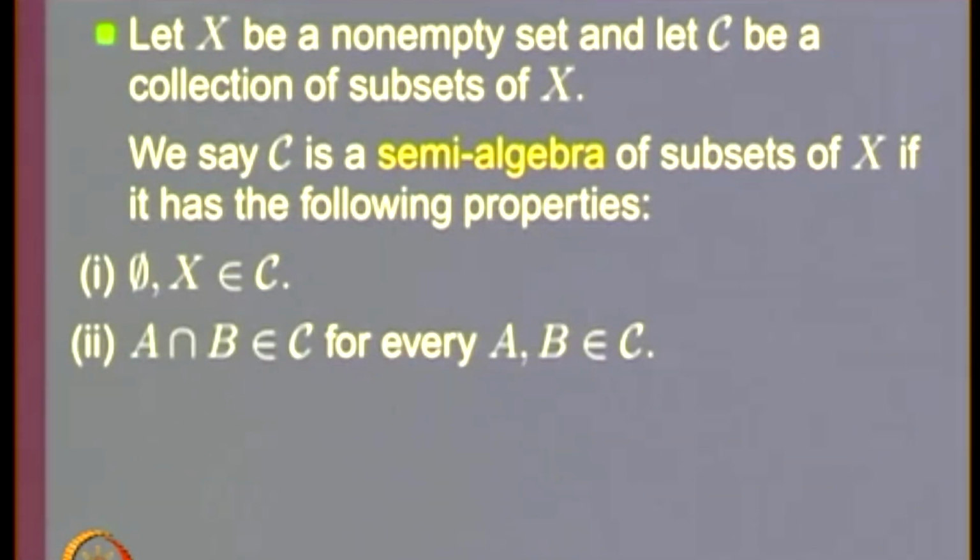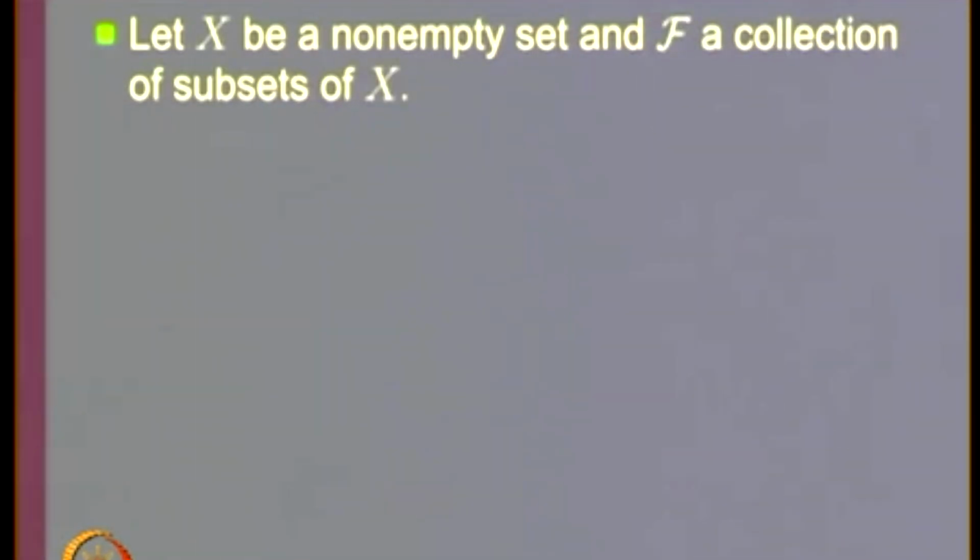The second is that this class is closed under intersections. That means if A and B are two elements of this collection, then the intersection of A and B should also be a member of the class C. There is a third property which we will describe soon.